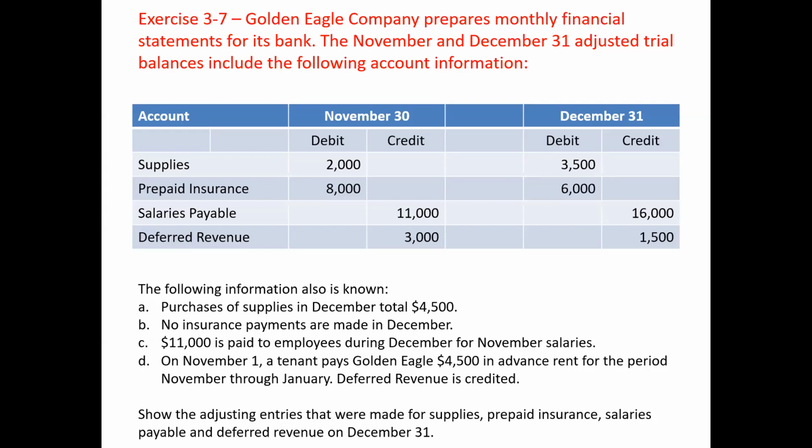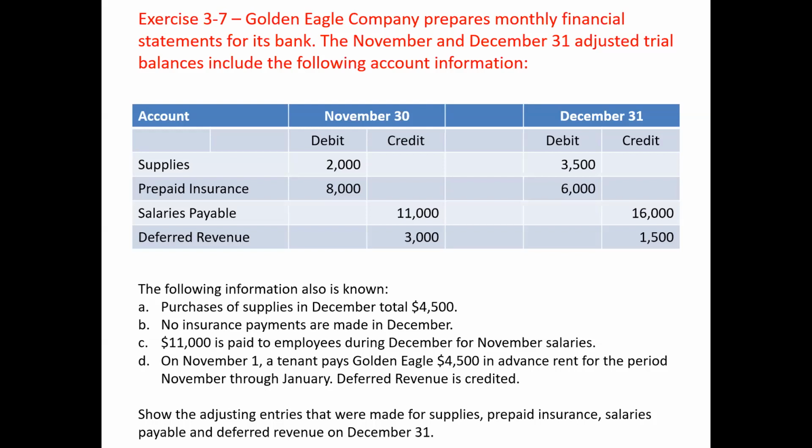We see in December, a month later, we show the debit to supplies is $3,500. A debit to prepaid insurance is $6,000. A credit to salaries payable is $16,000. And a credit to deferred revenue is $1,500.